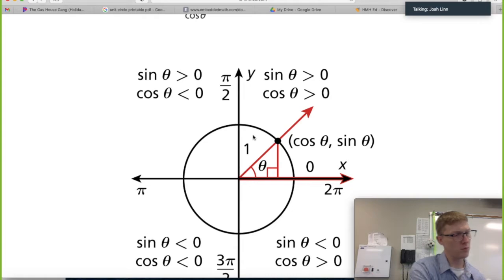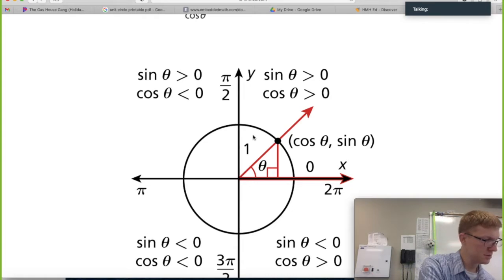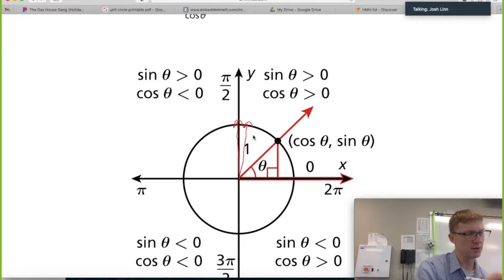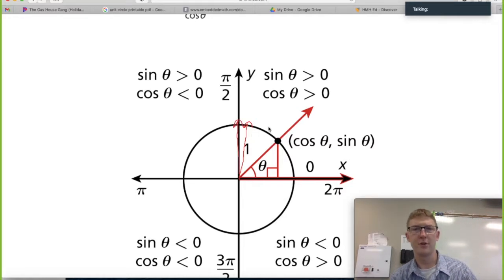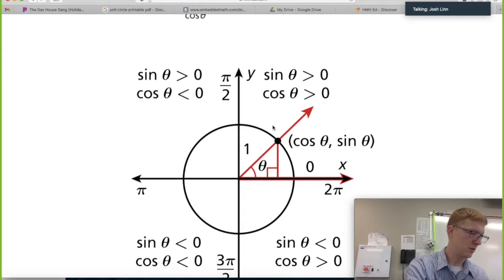When we start to get here, what happens when we get here? Again, it's sine over cosine.